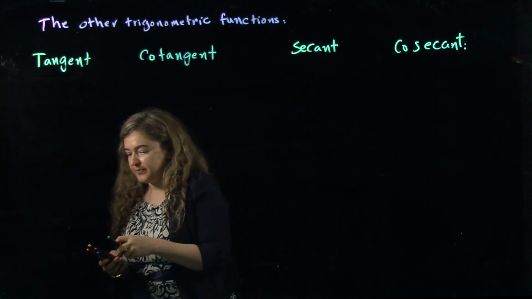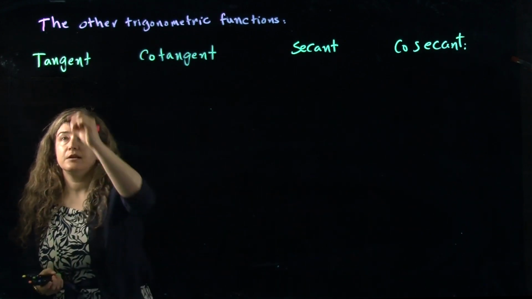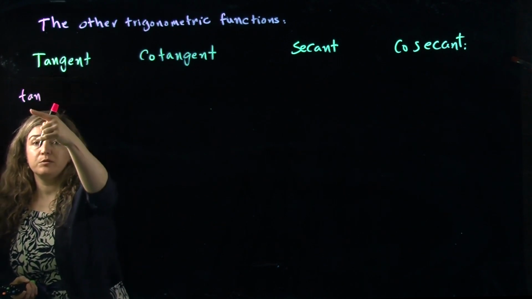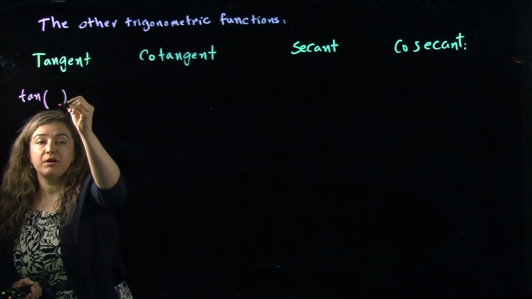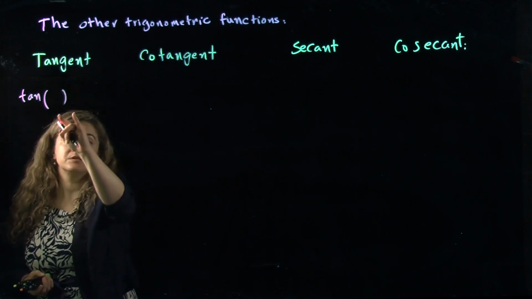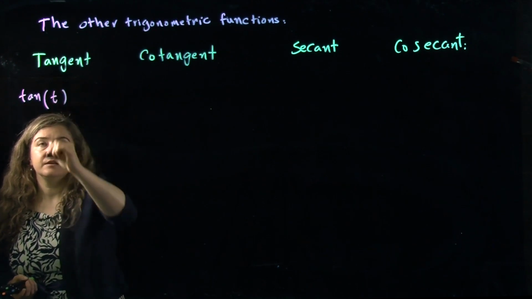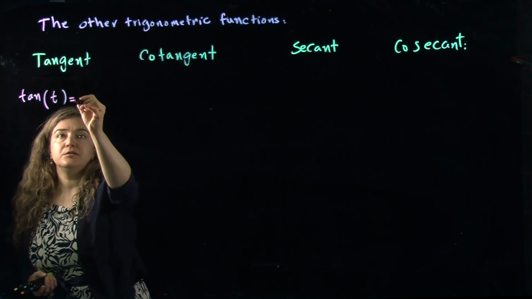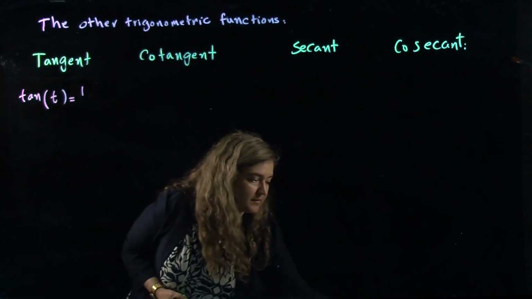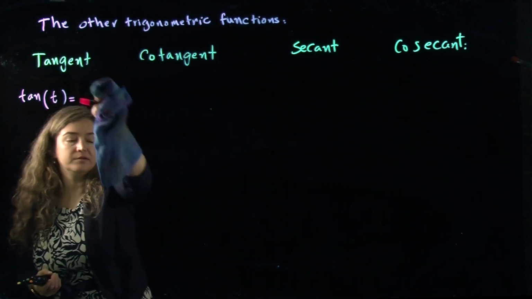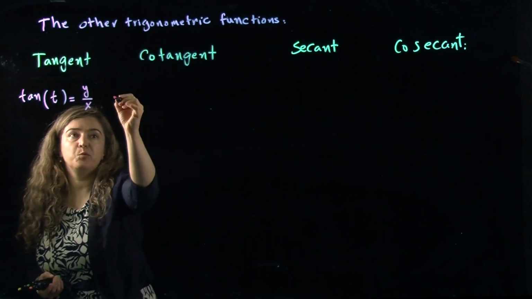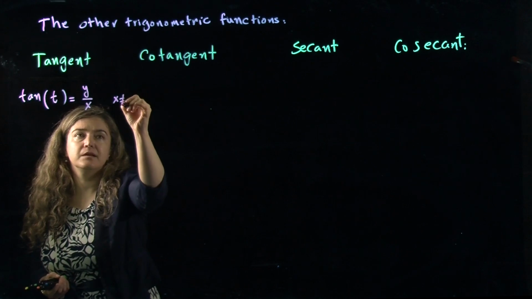What is tangent? Tangent of t, we show it with tan and parentheses, because tangent is a function, as were sine and cosine. Tangent of t is equal to y over x, wherever x is not 0.